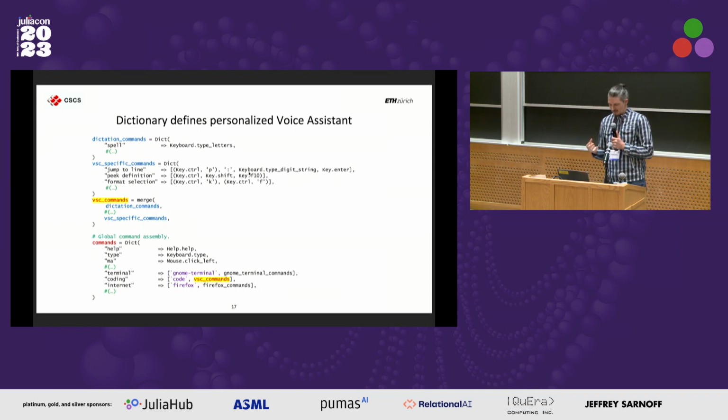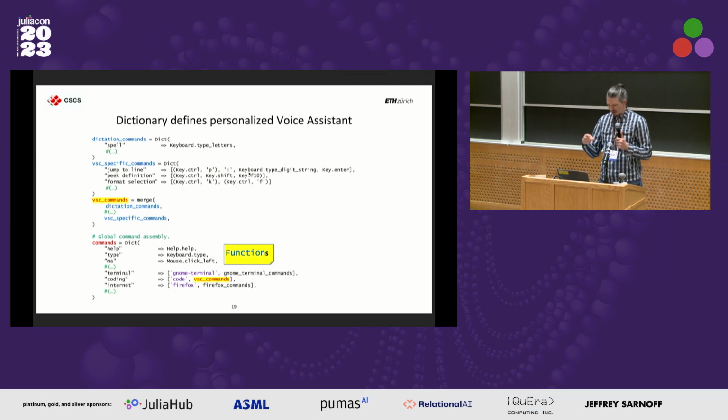And there is where we would assemble our global command, where we would specify what our voice assistant would do. For example, you see there we have some functions which we will directly have available when we start our voice assistant.